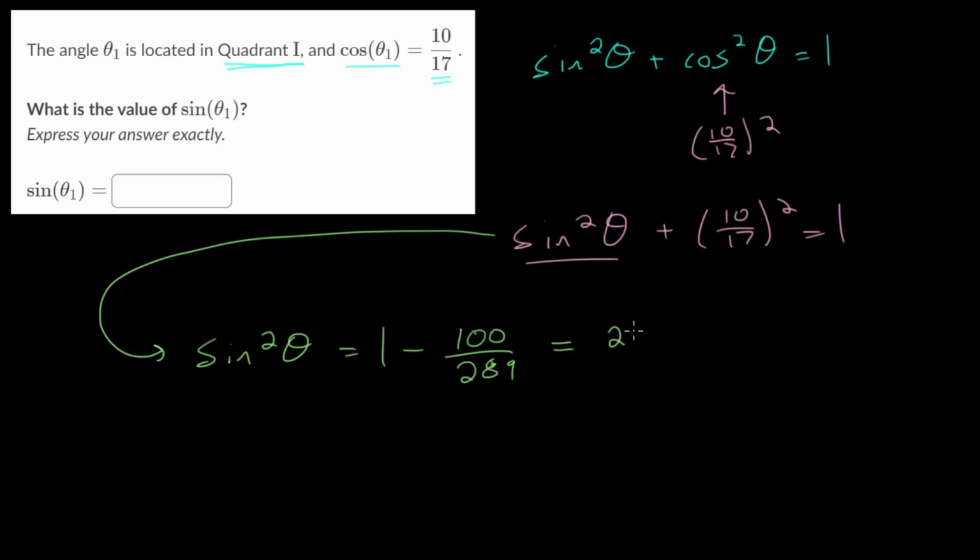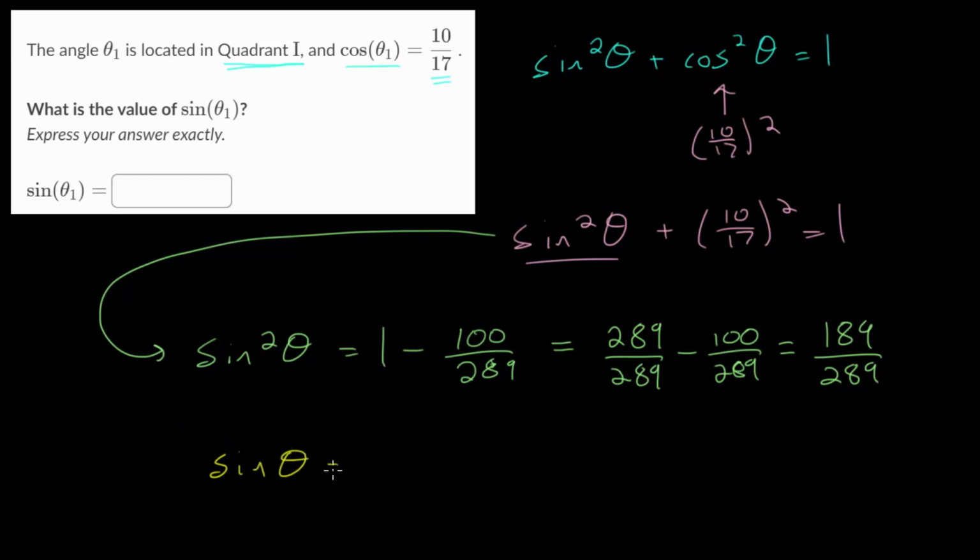We can rewrite 1 as just 289 over 289, and then in the numerator we can subtract 100 from 289 to get 189. And at this point, we can take a square root of everything so that we get the sine of theta is plus or minus the square root of 189 over 289.